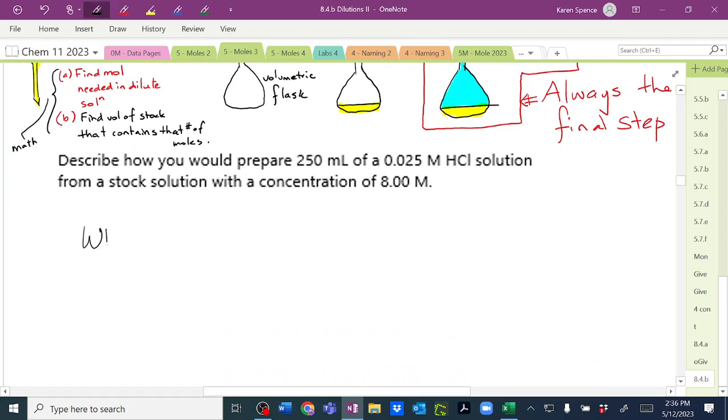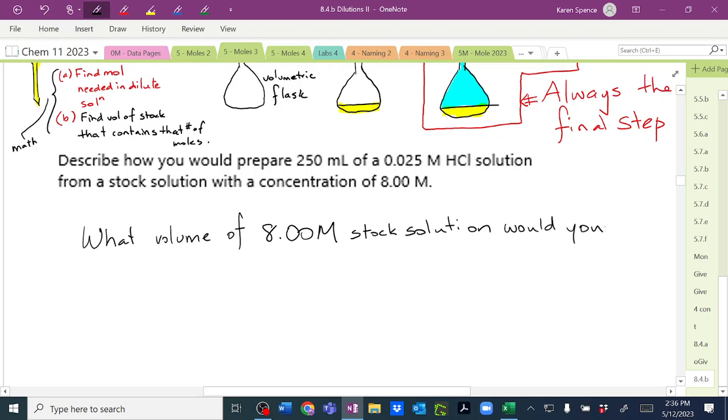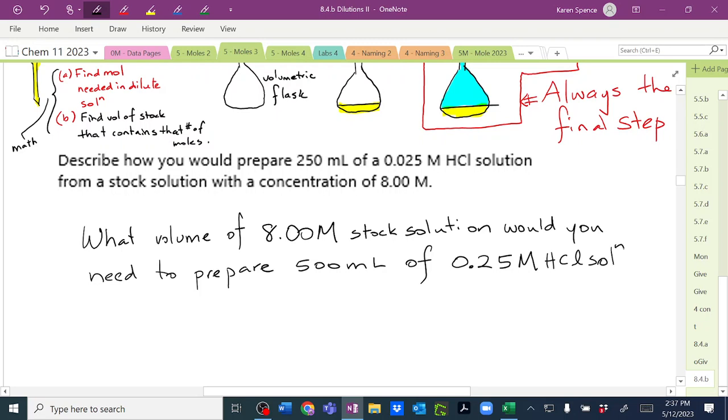What volume of stock solution, of 8 molar stock solution, would you need to prepare 500 milliliters of 0.25 molar HCl solution? This is not a question that's on any page.